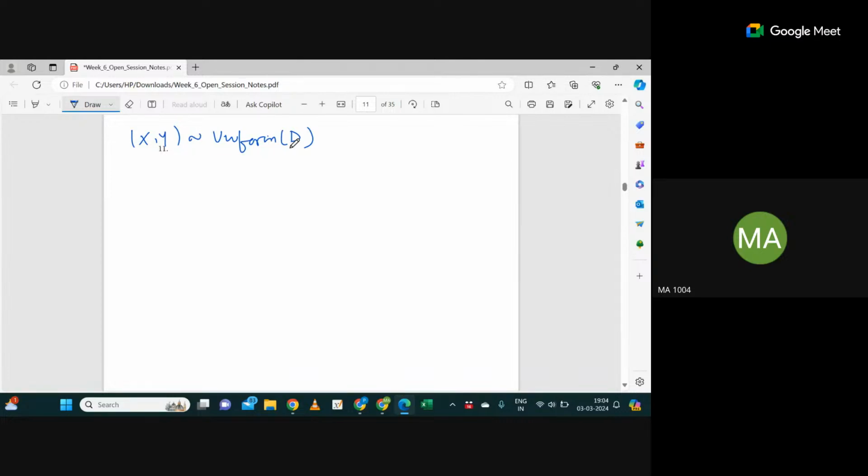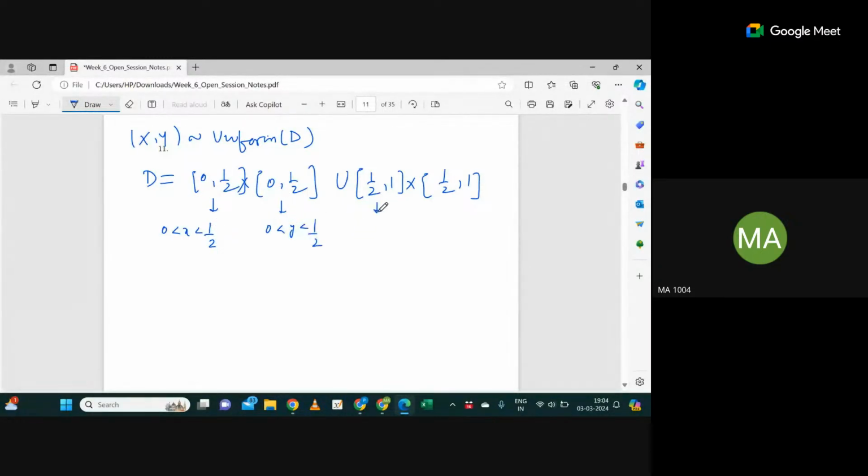Suppose D is 0 to half into 0 to half, union of half to 1 into half to 1. So this means the limit of x is 0 to half and limit of y is 0 to half. Limit of x is half to 1 and limit of y is half to 1.